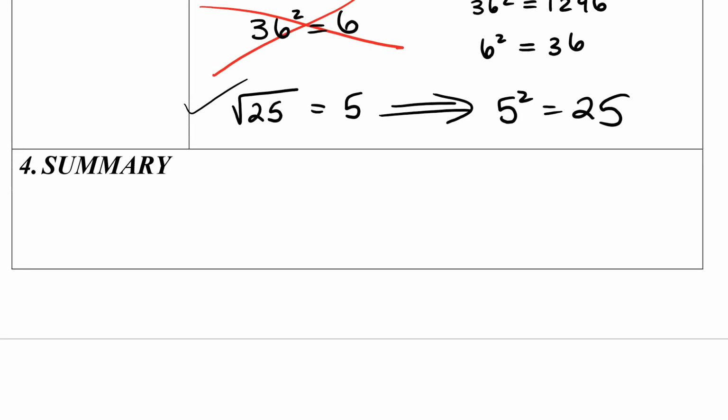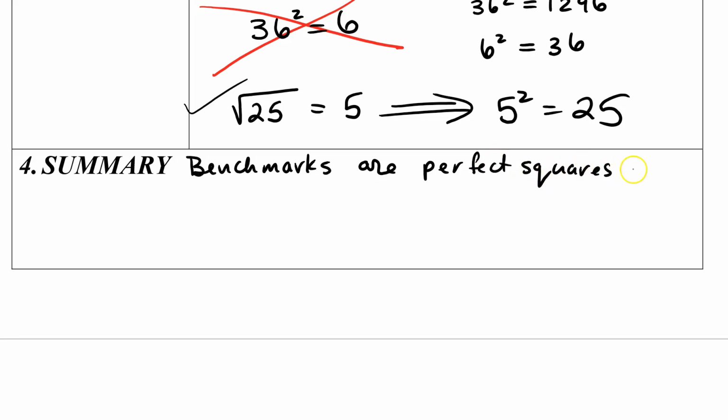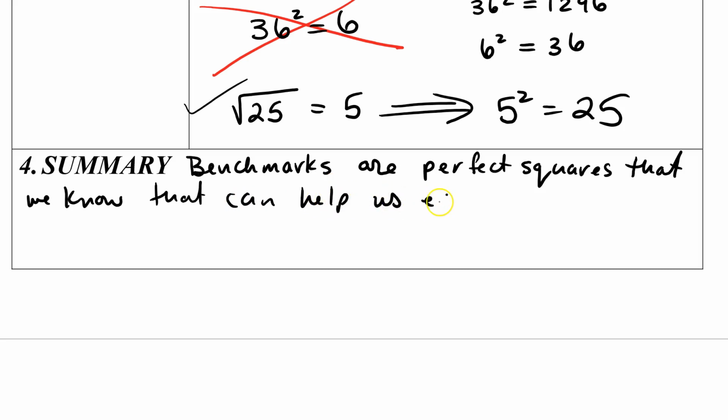So let's write a quick summary here. A benchmark is a perfect square number that we know. That can help us approximate or estimate square roots we don't know.